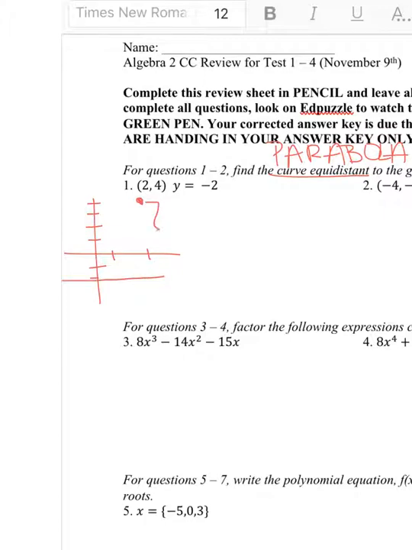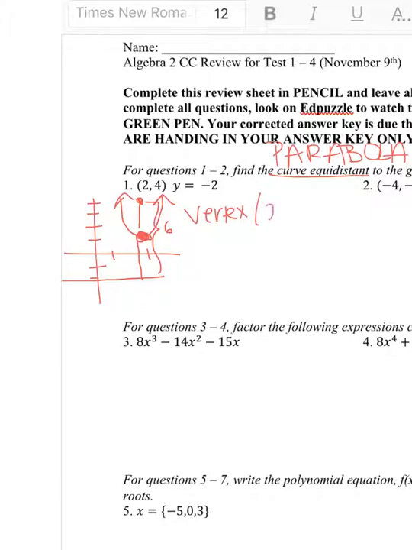If you count these spaces, there are 6 spaces, which means I need to go up 3 and down 3 to bring me to this point here. This is my vertex, and my parabola is going to then hug my focus, so this is concave up.